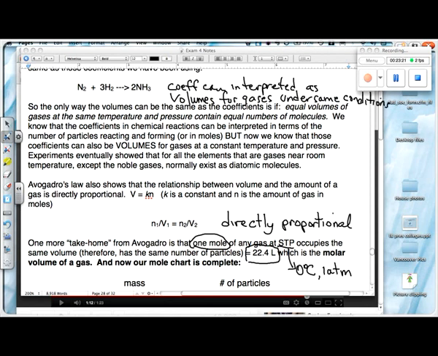The other thing we learned is that amount in moles and volume are directly proportional, just like Charles' law, Gay-Lussac's law, and that 1 mole of any gas, and it has to be standard temperature and pressure, occupies the same volume. And we call that the molar volume.